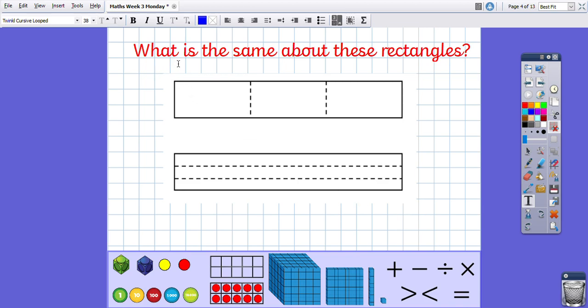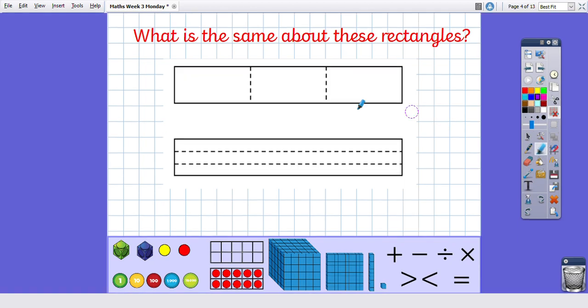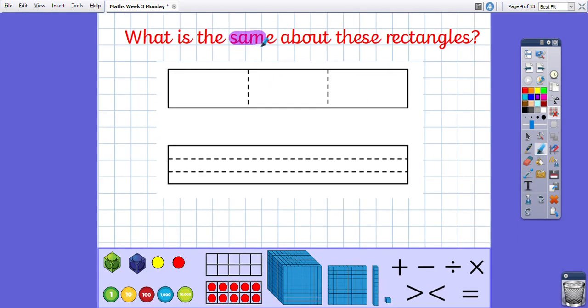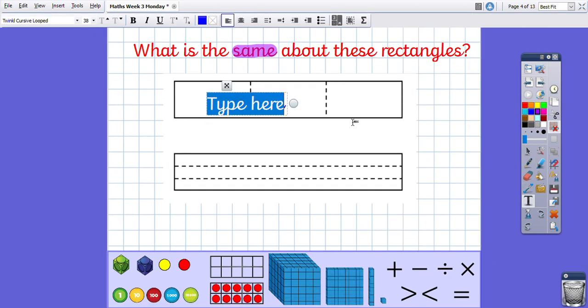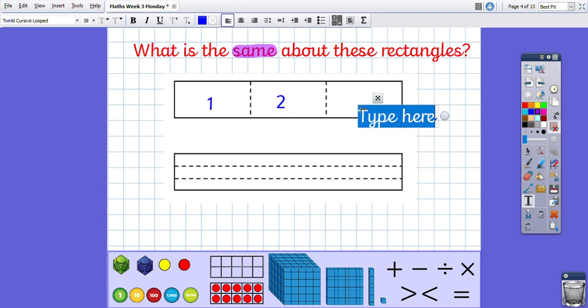Okay, so this time, what is the same about these rectangles? So I want to know what is the same. Okay, so this rectangle, the whole, has been split into 3. 1, 2, 3. There are 3 equal parts of that rectangle, and it's split vertically.